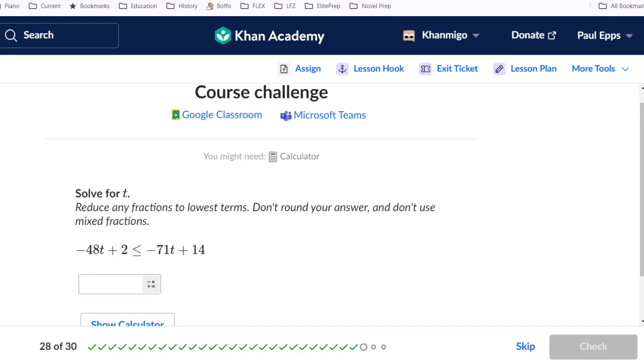That is going to eliminate it on the right side, and on the left side, we are going to get 23t.